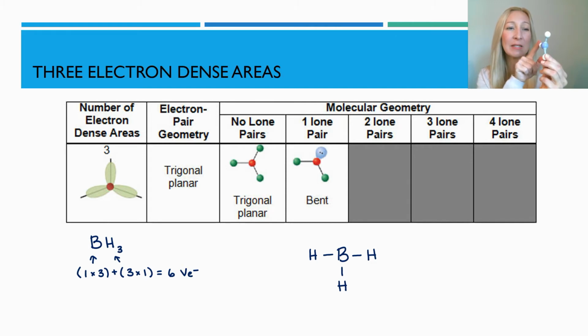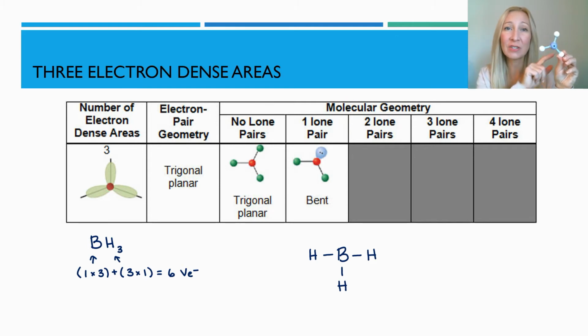And that's because this exists in a plane, and if we were to divide that plane, that 360, into three equal portions, we would have 120 degree angles. Now, why is this 120 degree angles, and why are they three equal portions? Well, that goes back to the valence shell electron pair repulsion.